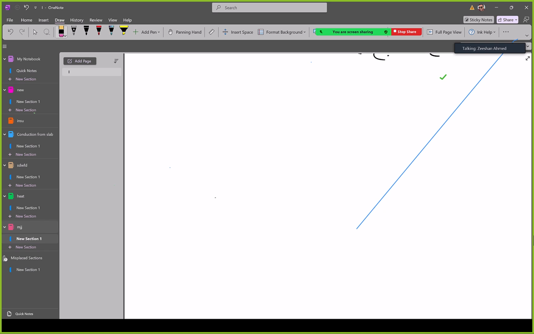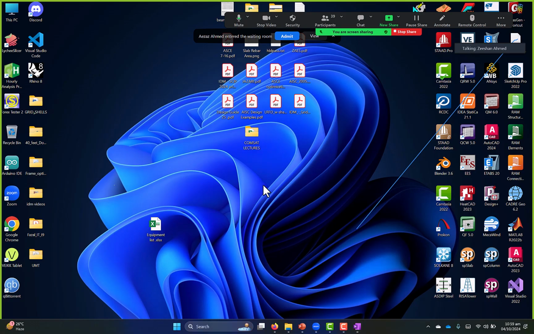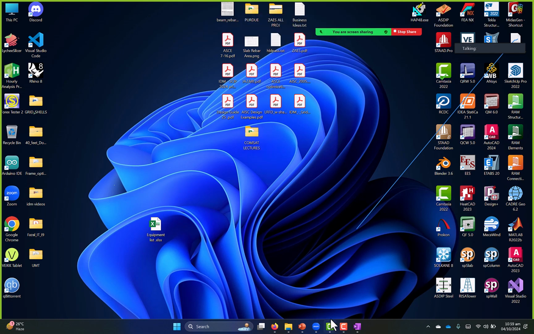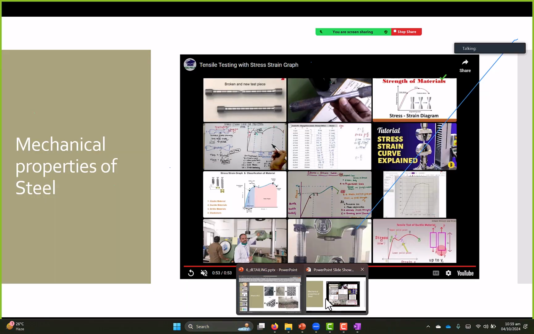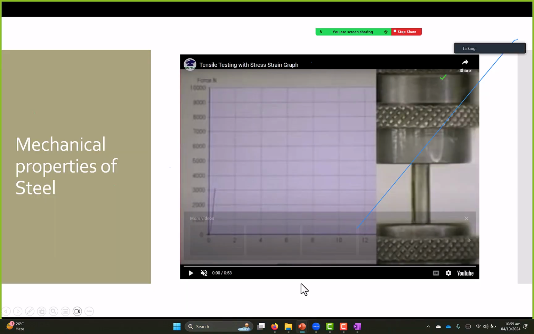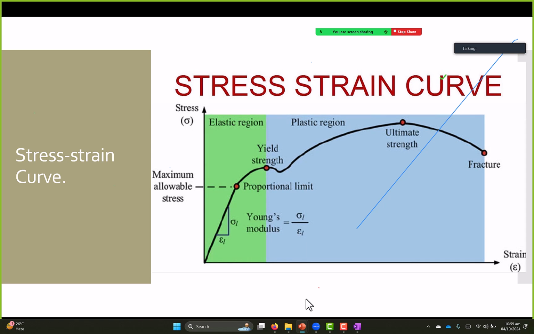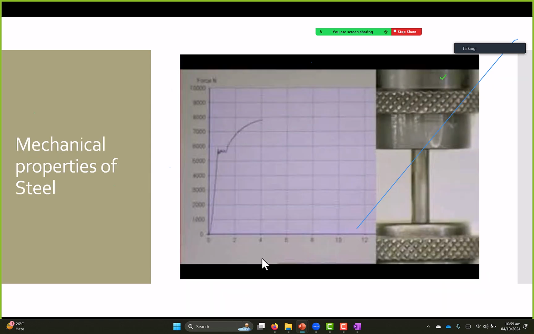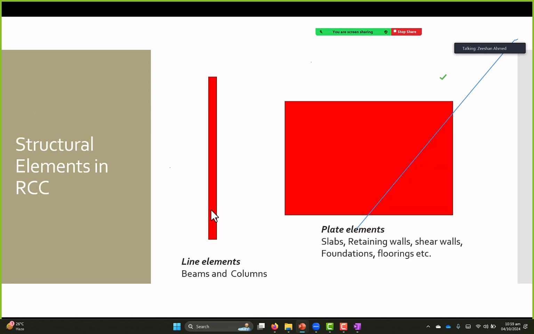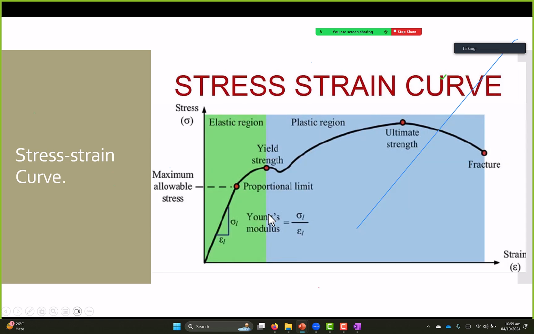Right then. So what's happening on that test that we just saw? What just got developed while we were testing is called a stress strain curve.